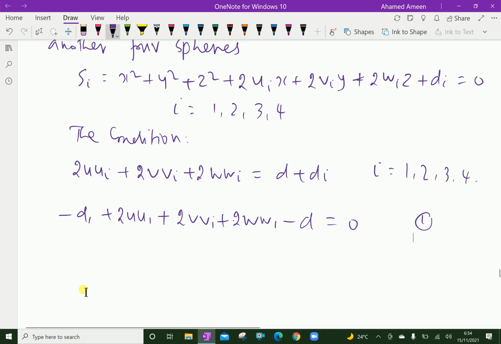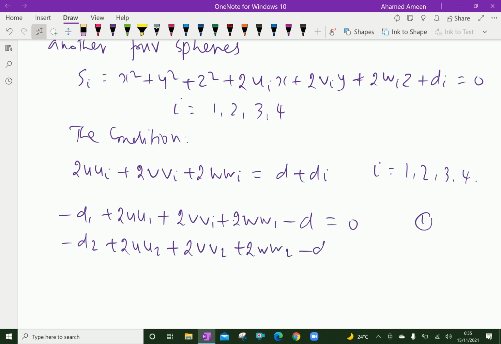Like for the second sphere, minus d2 plus 2u u2 plus 2v v2 plus 2w w2 minus d equal to 0, equation 2.